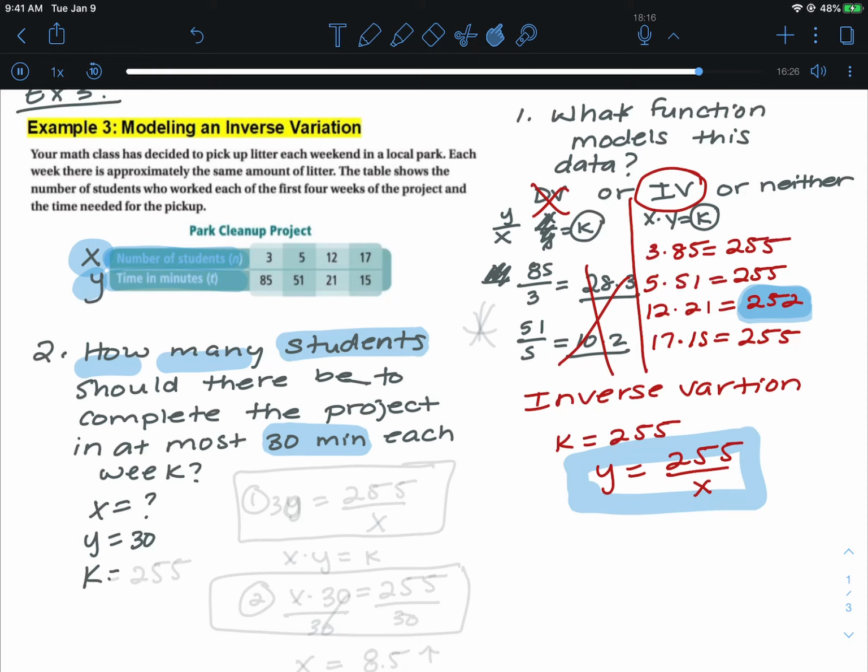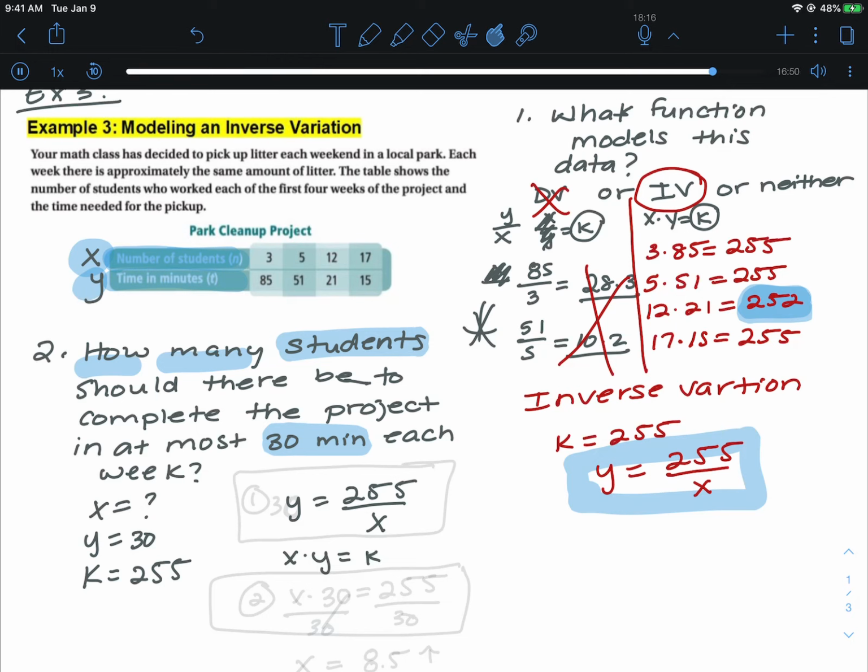Now, the only other thing that I need to know is K, but I already know it because we found it over here on this side. So what is K? 255. We know that Y equals 255 divided by X. Or we can also use X times Y equals K, right?